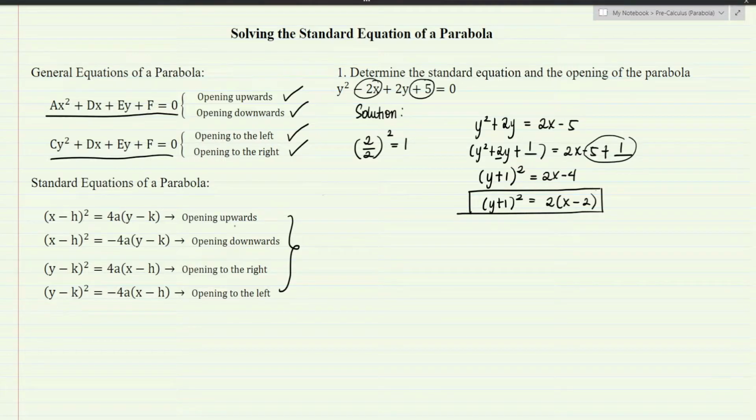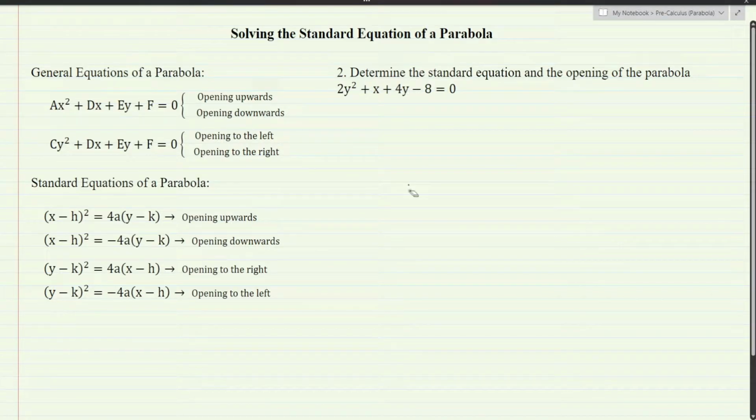Now, if you take a look at the standard equations here of the parabola, it is similar to this equation here. So it means the opening of this parabola is to the right. Let's now proceed to the next problem.